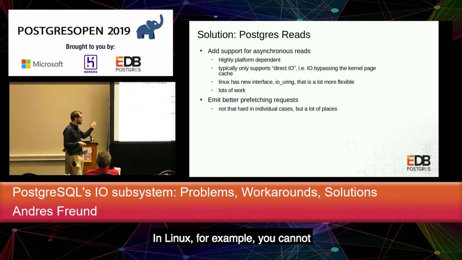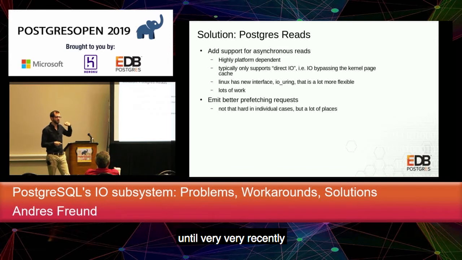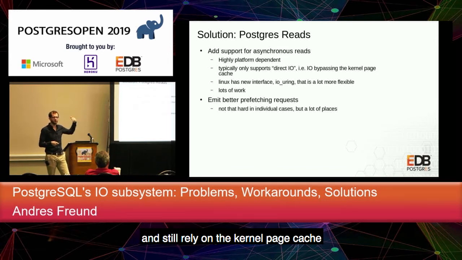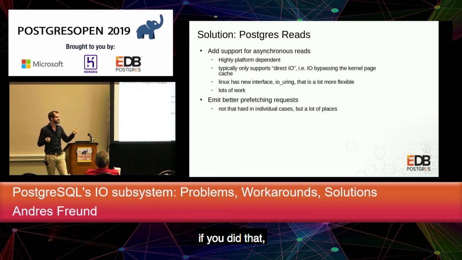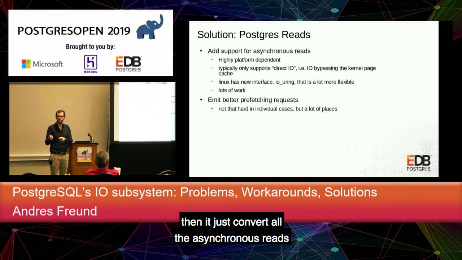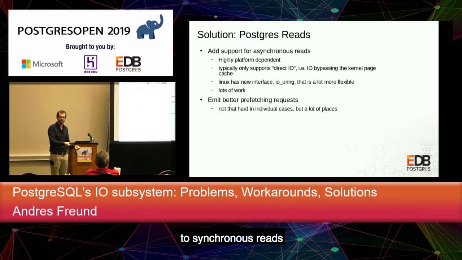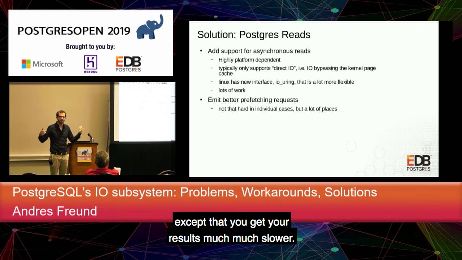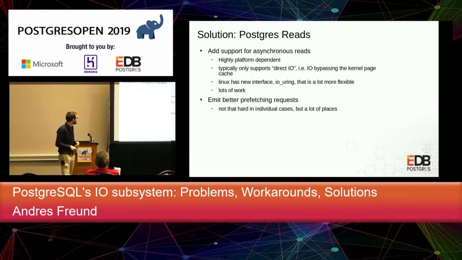In Linux, for example, if you do asynchronous reads, until very, very recently you could not do that and still rely on the kernel page cache, because that just wasn't supported. If you tried to do that, it would just convert all the asynchronous reads to synchronous reads without telling you that that happens, except that you get your results much, much slower.